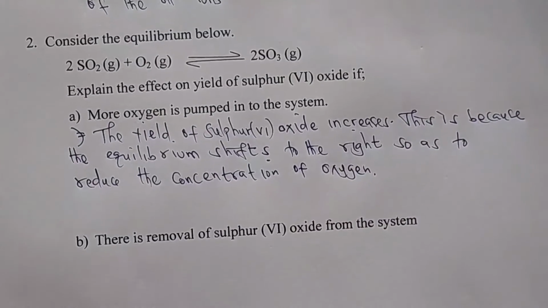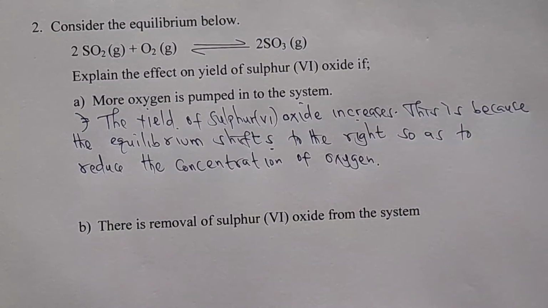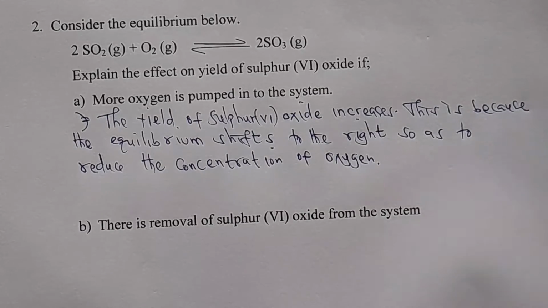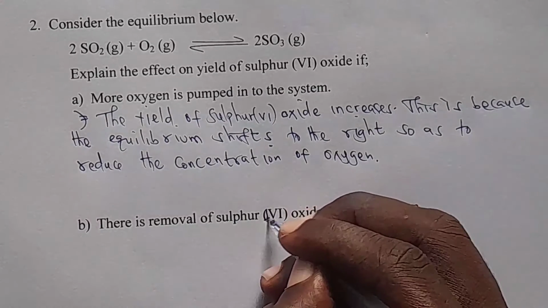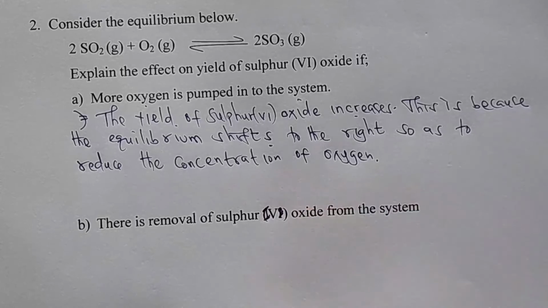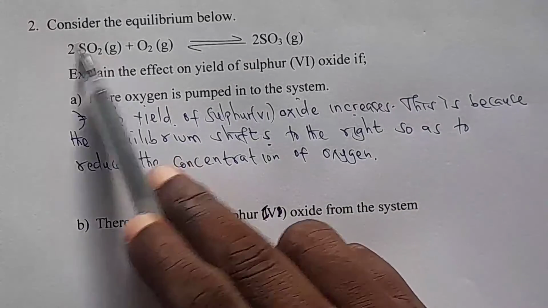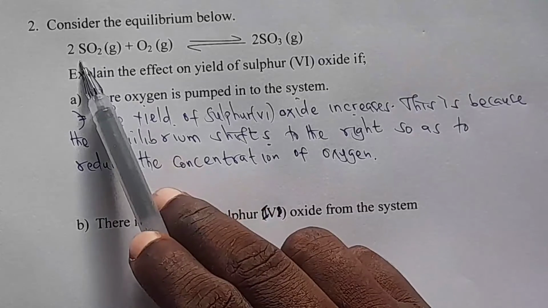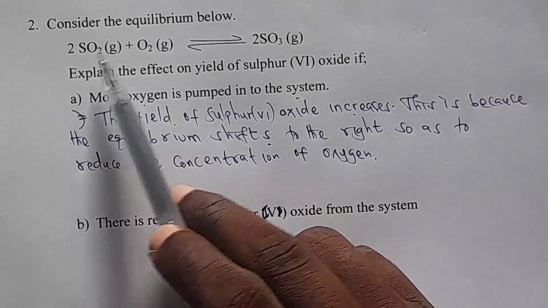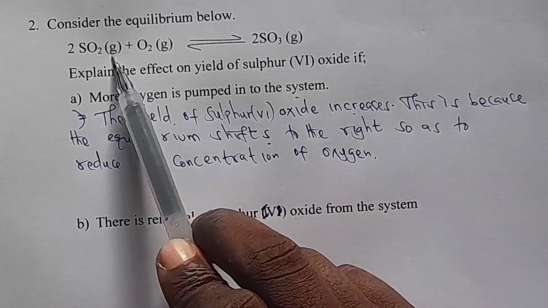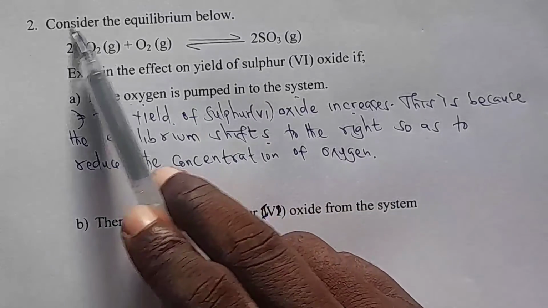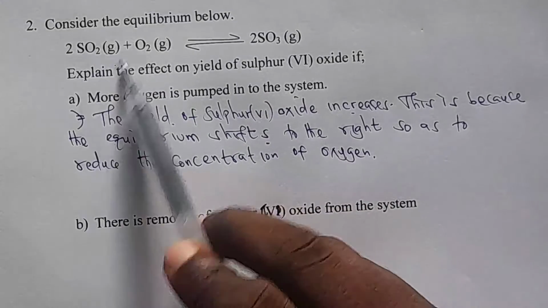Then for part B, we are told there is removal of sulfur(IV) oxide from the system. If there is removal of sulfur(IV) oxide from the system, the equilibrium will shift to the left so as to increase the concentration of the sulfur(IV) oxide gas.